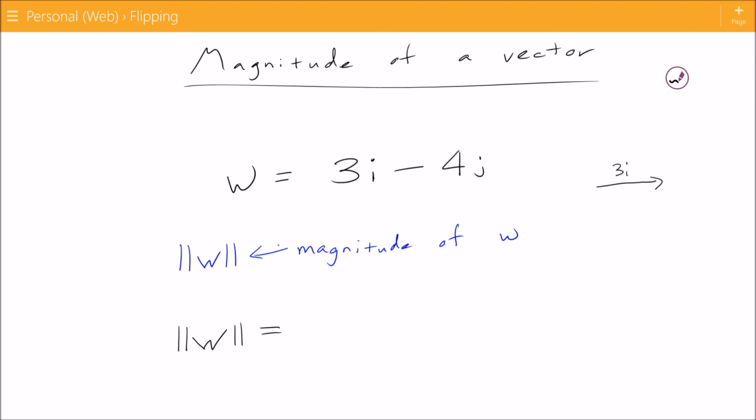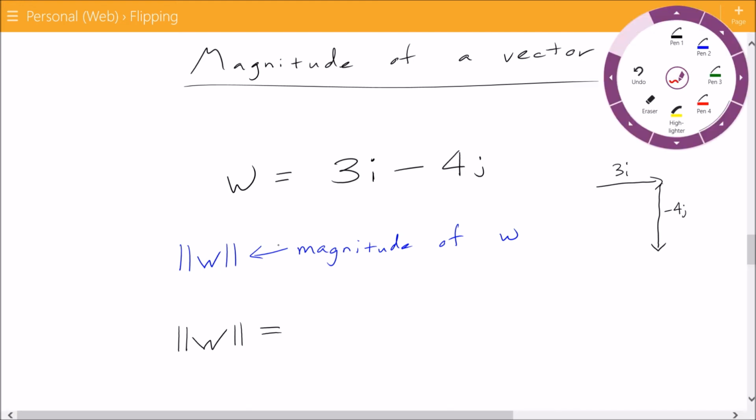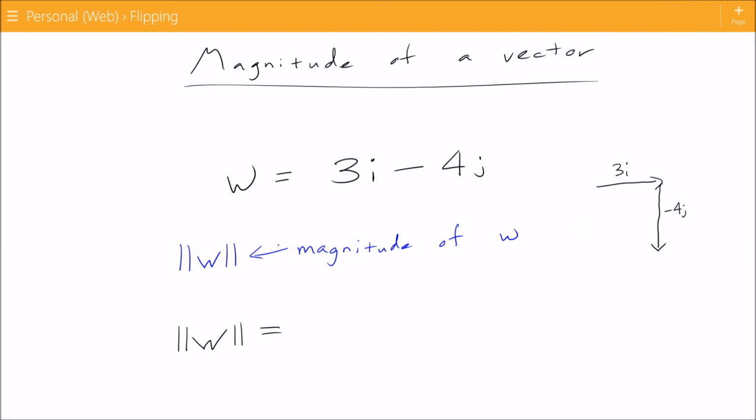So that's my vertical, and I'm going down because that's negative. We're following the good old same rules that we've been working with for positive and negative in graphs for a long time. So this is the vector that I've got right there.